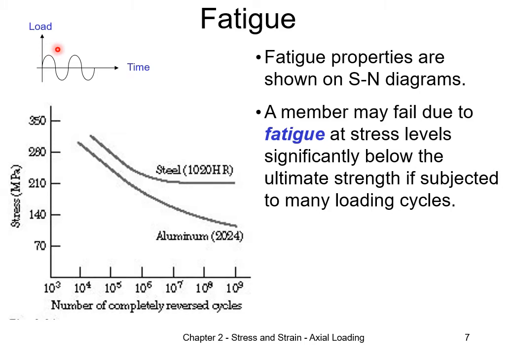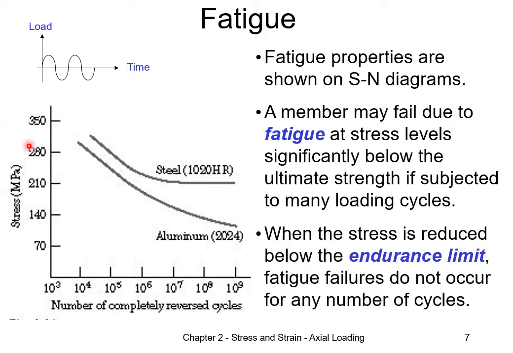When we stress an object, the stress itself may not always be constant. The stress itself may be constantly changing or harmonic. At some point in time, the material may undergo what we call fatigue. An object may fail due to fatigue at stress levels significantly below the ultimate stress of the material if it's subjected to a loading of many cycles. There's also a loading that we call the endurance limit.